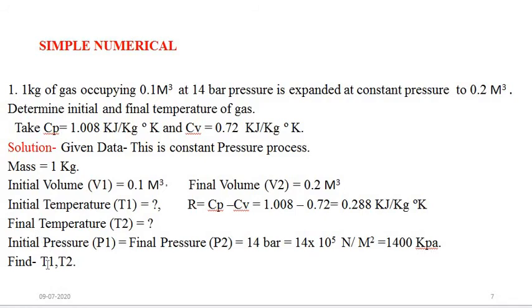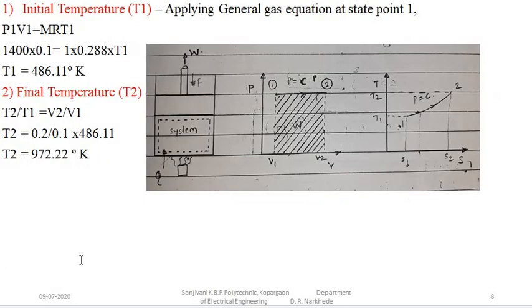Now we have to find in this problem the initial temperature T1 and final temperature T2. So we have to plot the process. This is the heat addition constant pressure process on PV and TS diagram first. Then we have to mark the state points 1, 2 on both the diagrams.